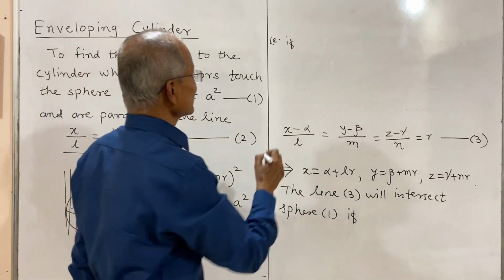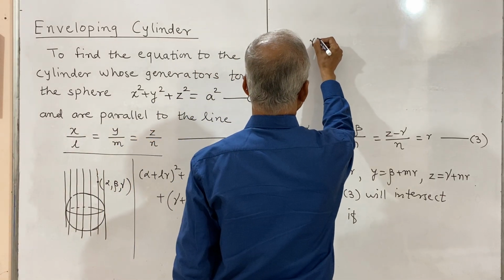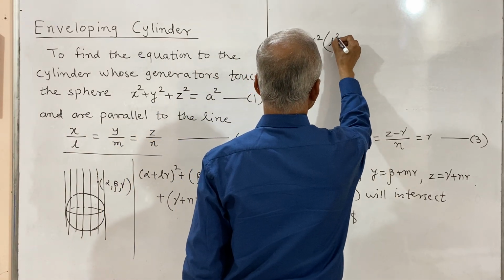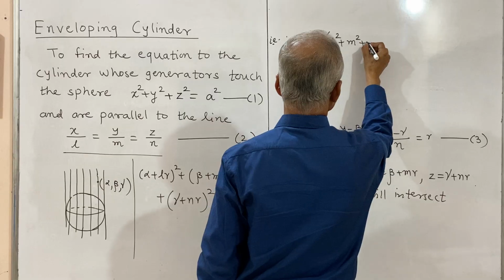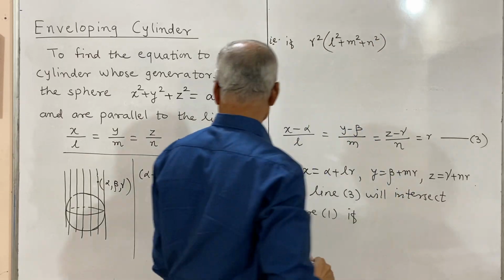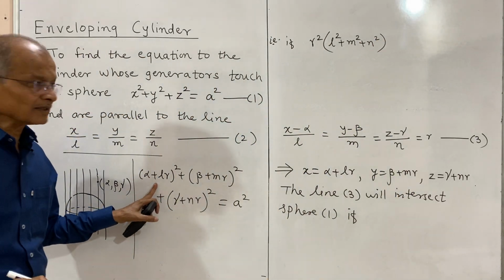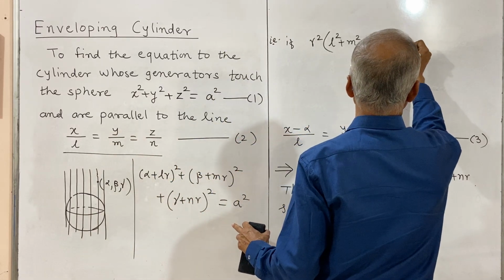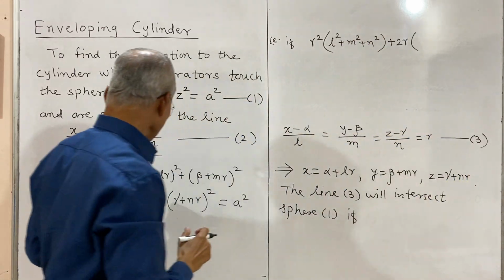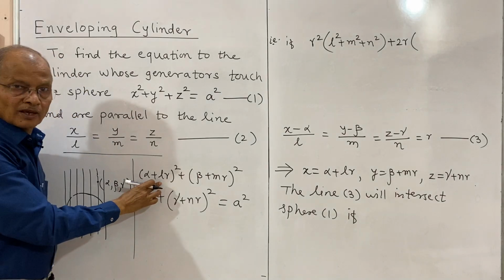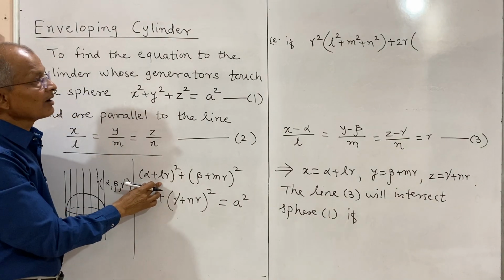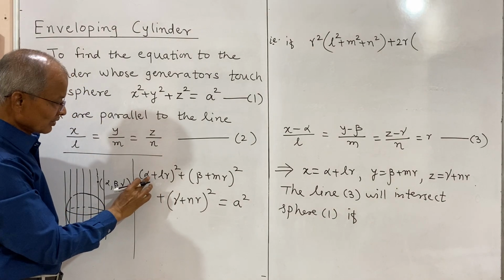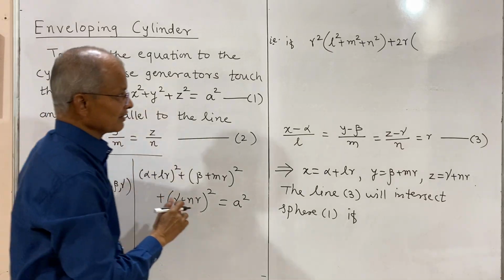So we write R square common, and in bracket it will be L square plus M square plus N square. This is the term of R square. Now we write the term of 2R: plus 2R into bracket. The middle term is 2 alpha LR, and we have written 2R common, so in bracket it will remain as alpha L.